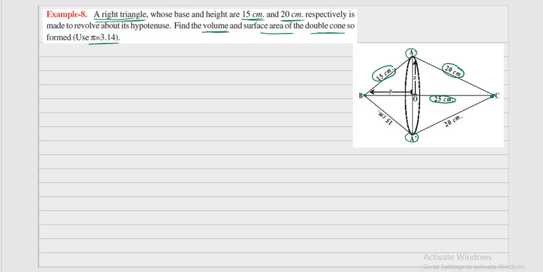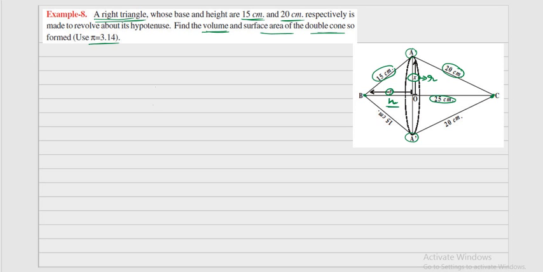Now if you want anything related to a cone or a double cone, what are the things that you require? You require height as well as radius, right? Here I am taking this as the radius r, and this I am going to consider as the height h of the cone.